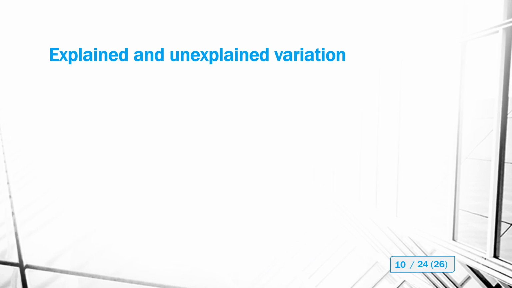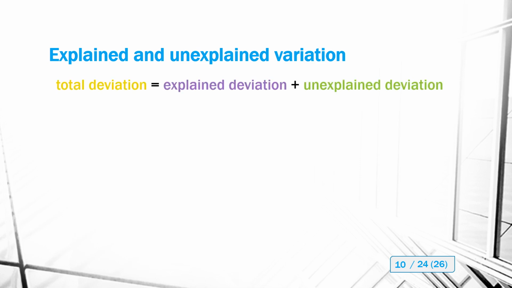This then brings us to the concept of explained and unexplained variation. As we just saw, total deviation is the sum of explained deviation and unexplained deviation. We represent total deviation, explained deviation, and unexplained deviation with these mathematical symbols that you see here on the screen.